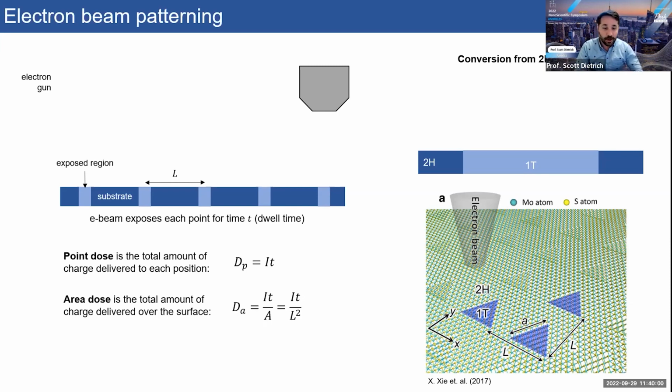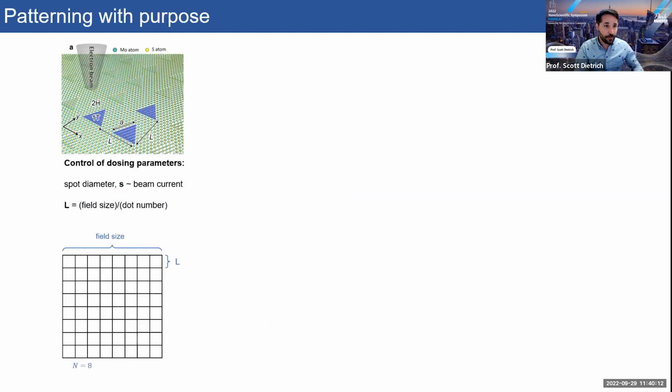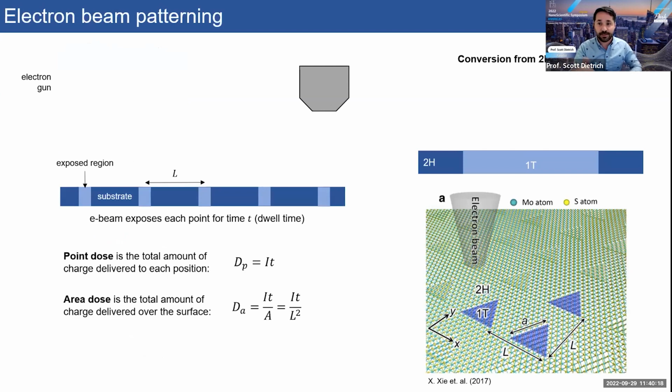And depending on the application or the intent of what you want to study, we can vary the parameters here: how big of a metallic island do we want to have, and how far apart do they want to be separated. For our purposes, the size of this region of 1T that we can obtain is about 75% of our beam diameter.